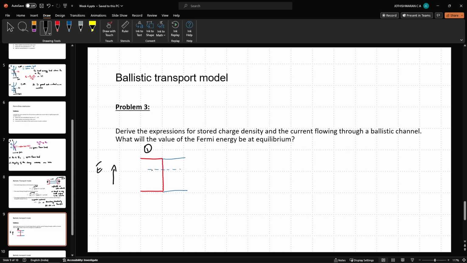The red zone indicates the presence of electrons. So this is EF1. This is the Fermi level of contact number 1.